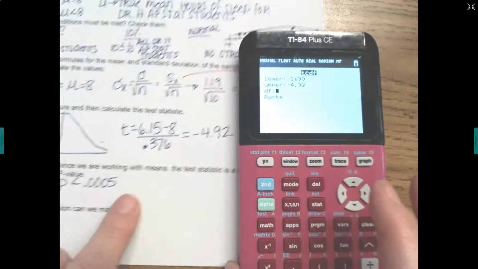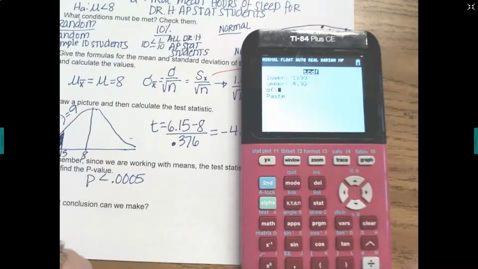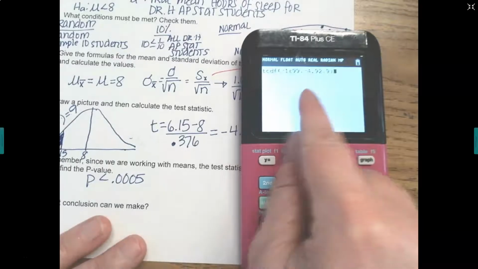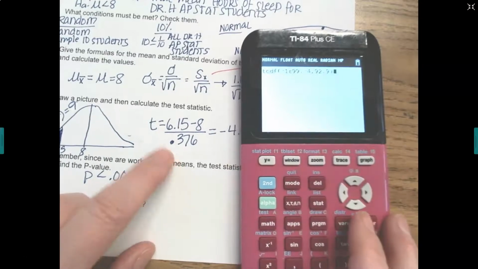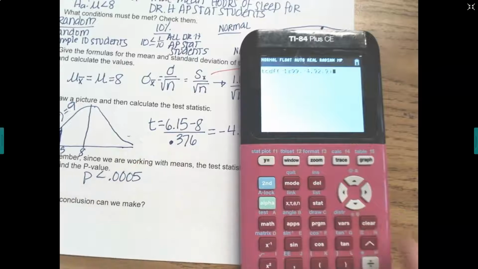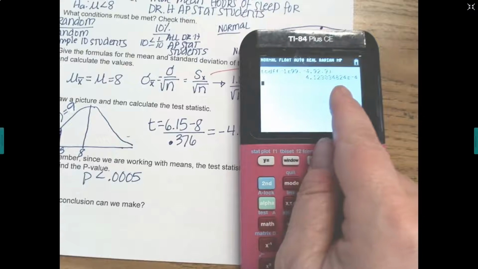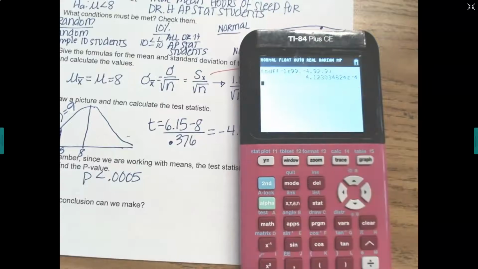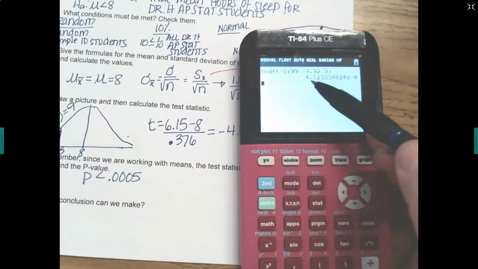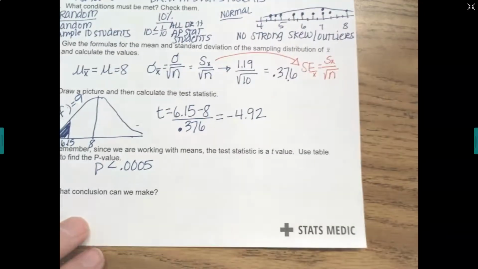Then I tell it the degree of freedom of 9 because it needs to know where it should look. Now, you're not allowed to write this on the test. This is what you would want to do, set it up this way, like we've always been doing. And I get 4.12 blah blah blah E to the negative 4. What that means is the decimal is going to be 4 places to the left, so there's going to be 3 zeros.